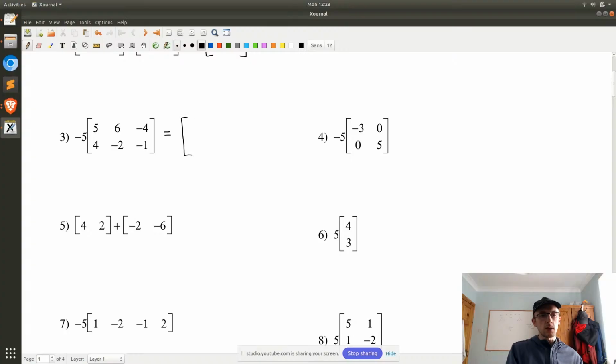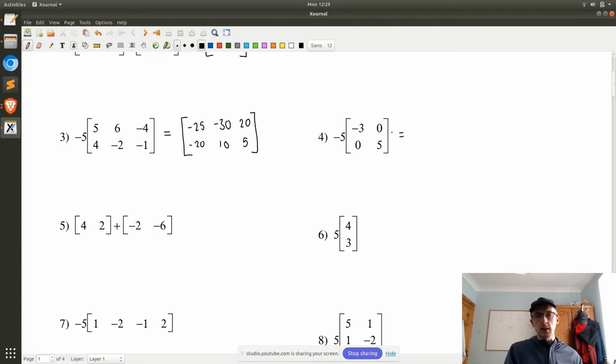Okay, so 5 times -5, and we get -25 in this spot right here. 6 times -5, and we get -30 in this spot right here. And you just continue on like this. -4 times -5 is 20. Then comes -20. Then comes 10. And then 5. And that completes it.